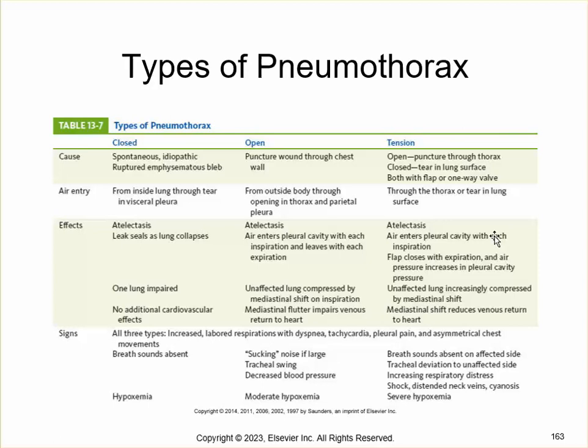If that hole is open, then exhaling pushes that air out, and it's almost like breathing through the hole, except it doesn't get into the lungs, it gets into the pleural space. So as long as that's happening, you get this sucking noise, right?